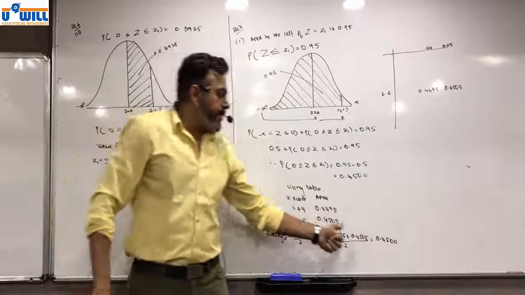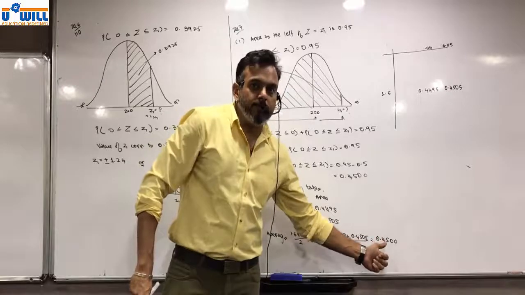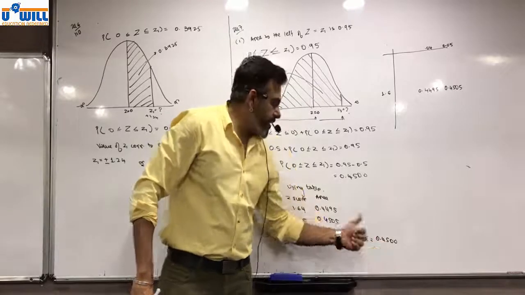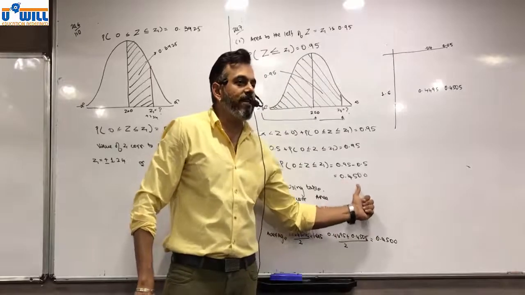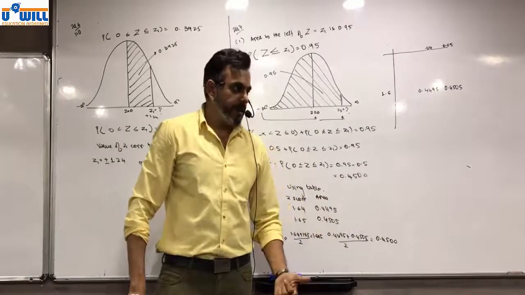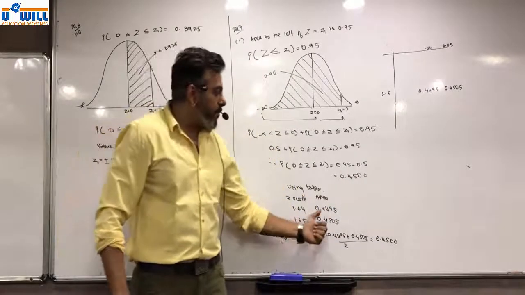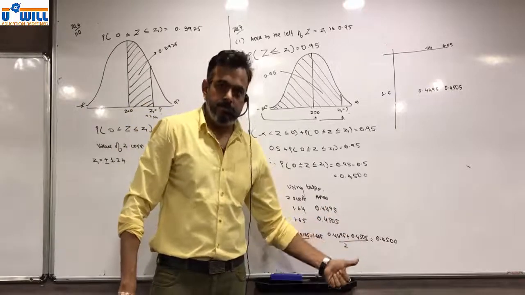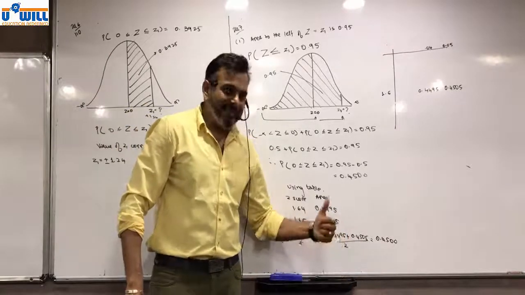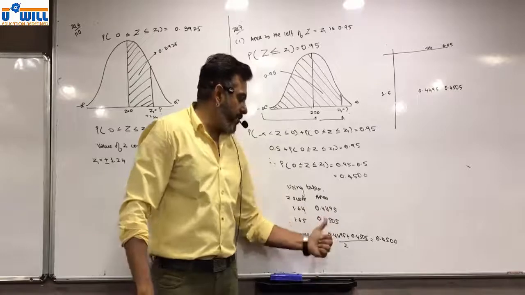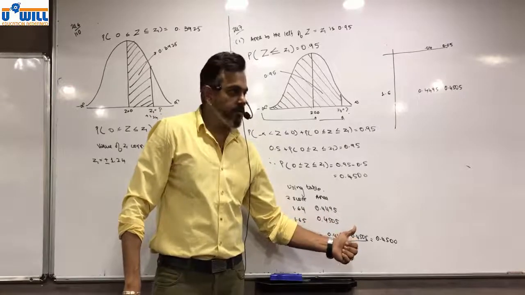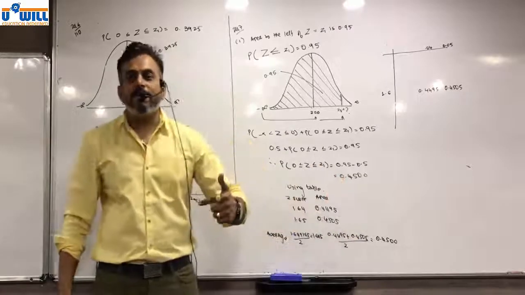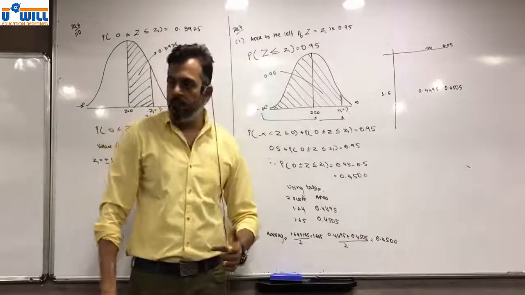Now, over here, we are getting exactly 0.4500. But if it is not exactly 0.4500, तो हमें इन तीनों में से whichever is nearest to 0.4500 we have to take. So for example, you had 0.4499, so you would have taken that. If you had 0.4501, understood this, you have to see whichever is the nearest.